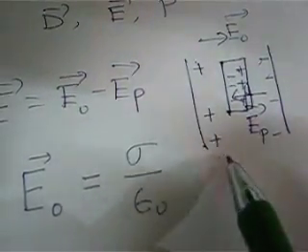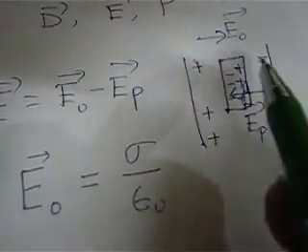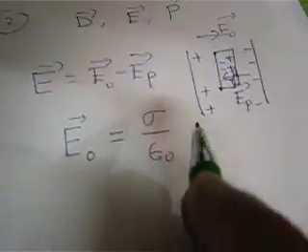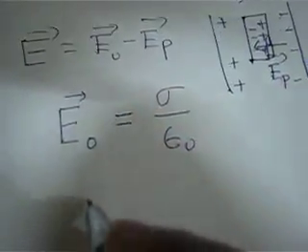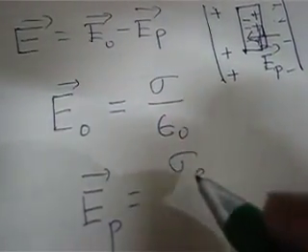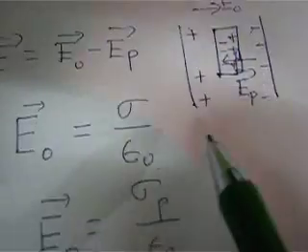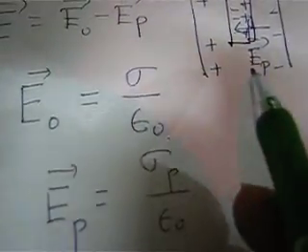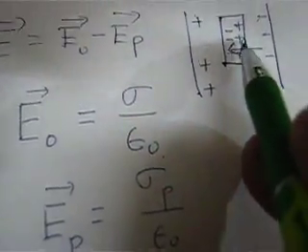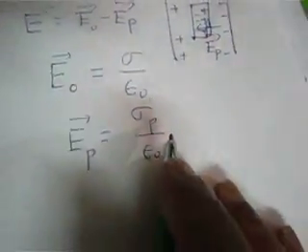Epsilon naught is the free space permittivity, since this space is filled with air or free space, and EP can also be expressed as sigma p by epsilon naught, where sigma p is the polarized charge density inside the dielectric and epsilon naught is the free space permittivity. Here it is our assumption that within the dielectric the permittivity is epsilon naught.